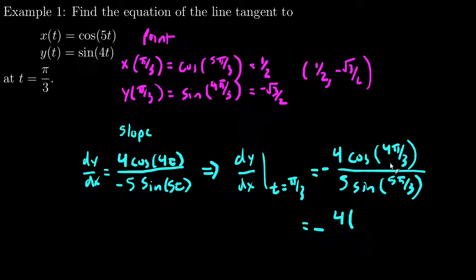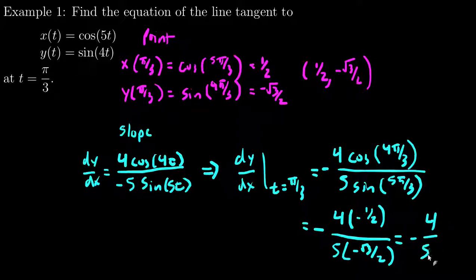The cosine of 4 pi over 3 is going to be negative 1/2, divided by 5, and the sine of 5 pi over 3 is going to be negative root 3 over 2. And working these halves through, I get negative 4 over 5 root 3. And if you don't rationalize the denominator, that's fine. And I can get to my answer.